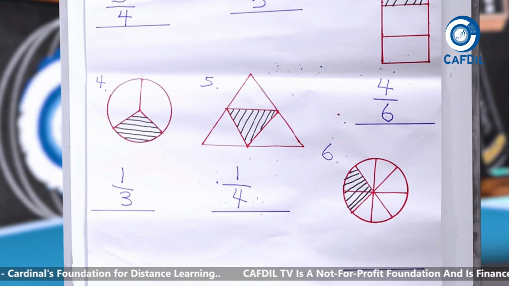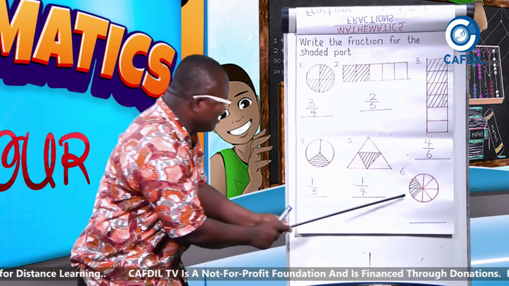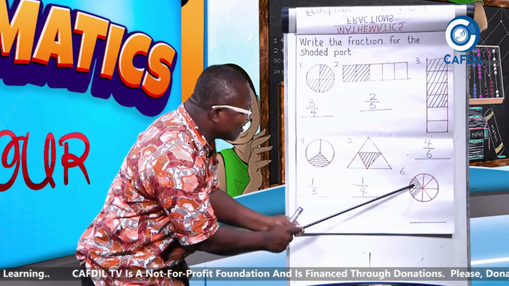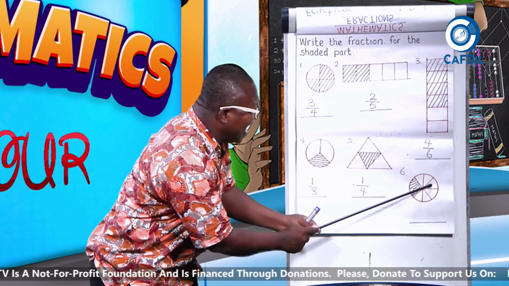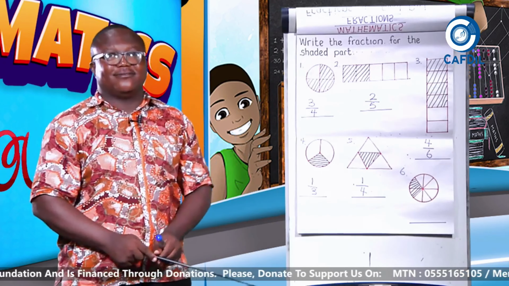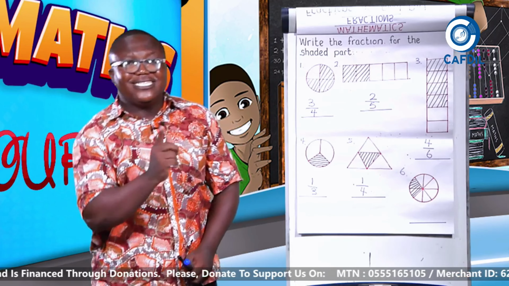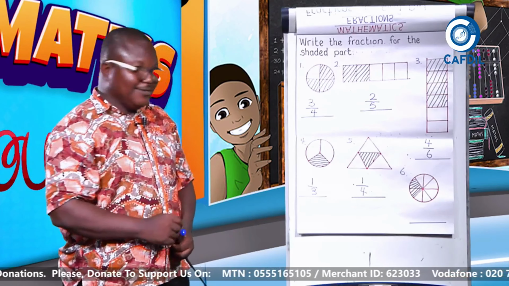We counted. You want us to count again? Okay, let's count again and see. We have 1, 2, 3, 4, 5, 6, 7, 8. So this circle has been divided into 8 equal parts.